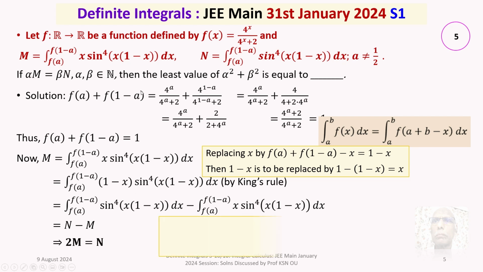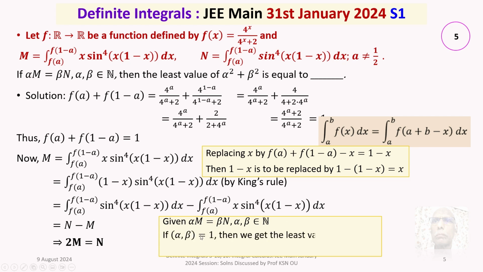Now what is given? Given to you alpha M is equal to beta N, where alpha, beta belong to natural numbers. What is to be found? The least value of alpha square plus beta square. So the least value will be obtained if you take the GCD of alpha and beta as 1.